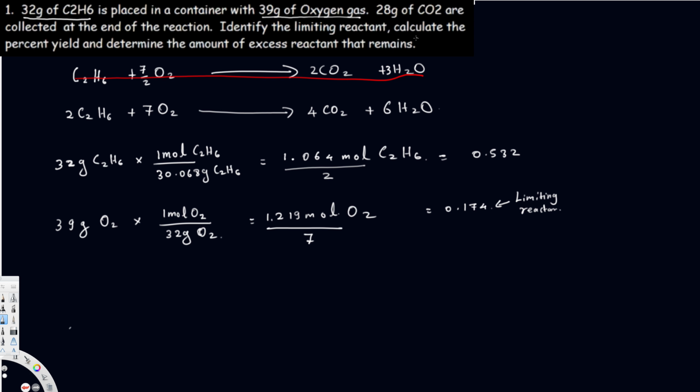The second question is asking to calculate the percent yield and determine the amount of excess reactant that remains. To find the percent yield, we have to know how much CO2 is produced.